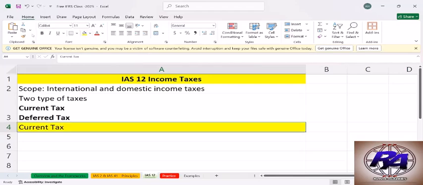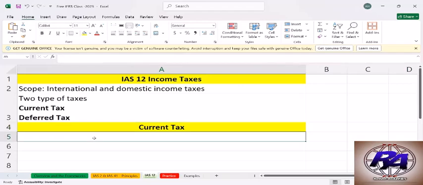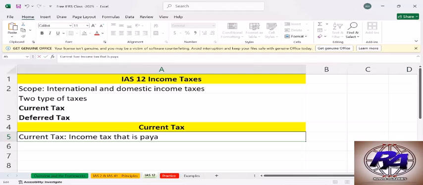Current tax. What is current tax? When we talk about current tax over here, we are making reference to an income tax, sorry, so it's not just a tax, but income tax that is payable or recoverable in respect of taxable profits or tax loss.